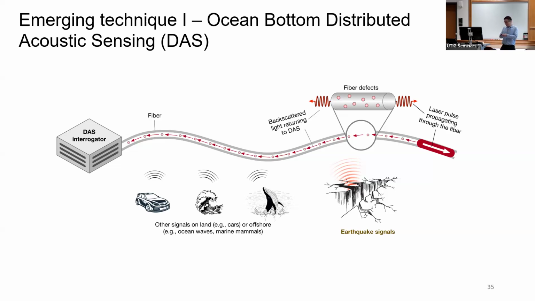We can just attach an interrogator to one end of the fiber, shoot out the laser into the cable, and by observing the scattering waves of these light signals, which are affected by the ground vibration, we can turn the cable into a seismic array. So this is the idea of distributed acoustic sensing.